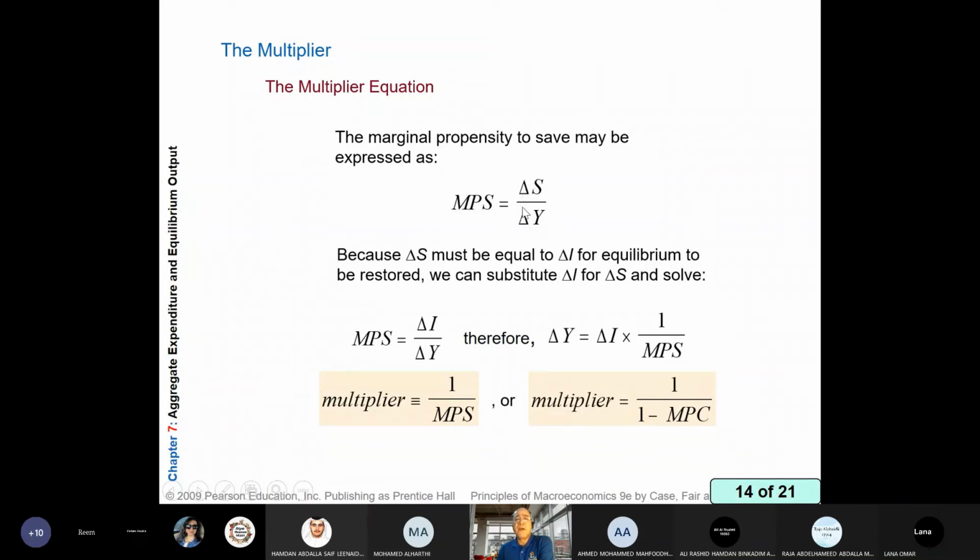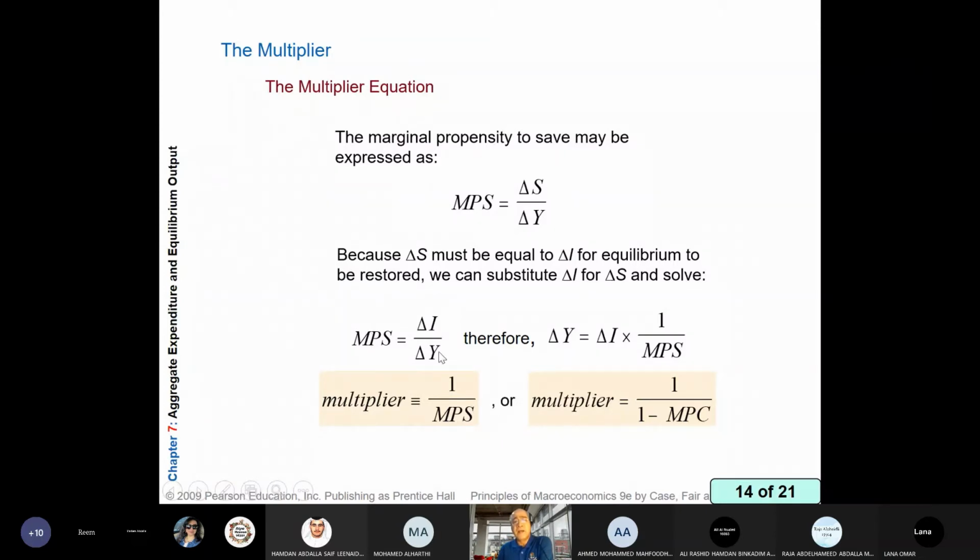So 25 divided by 100 equals 0.25, which is called marginal propensity to save. At equilibrium, saving equals investment. So for a moment, I will substitute I for S. So we got marginal propensity to save equals delta I divided by delta Y.